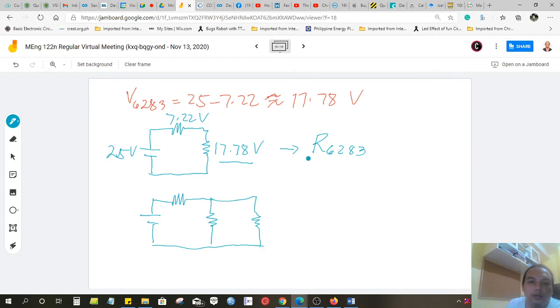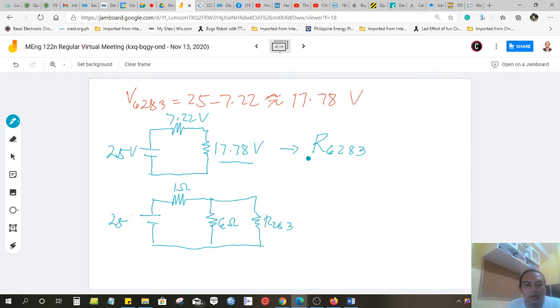There is the 6 ohm, then R 2, 8, 3, then 1 ohm, then 25 volts.